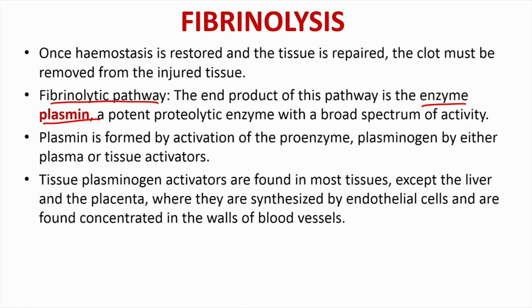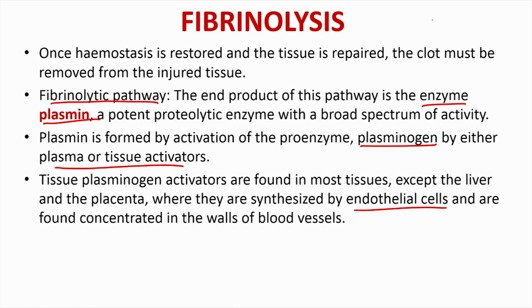Plasmin is formed by the activation of a proenzyme which is plasminogen. First this plasminogen, which is already present in the serum, gets activated either by the plasma or the tissue activators, and these tissue plasminogen activators are found in most tissues except liver and the placenta, and are typically synthesized by endothelial cells, and that is why they are concentrated in the walls of the blood vessels.